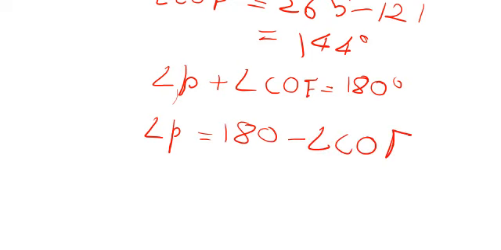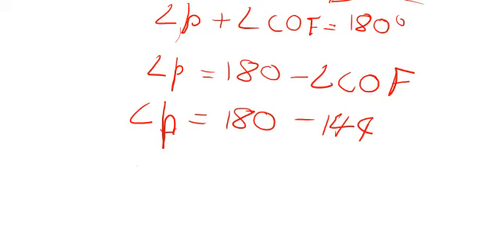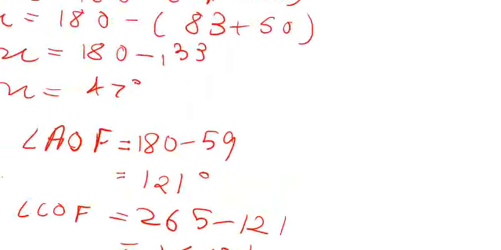Angle COF was 144 degrees, this one. So angle P equals 180 minus 144, and this is going to give us 10 minus 4 is 6, 7 minus 4 is 3, so 36. So angle P equals 36 degrees.